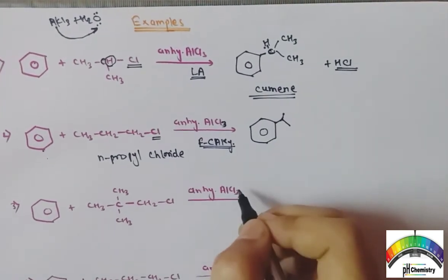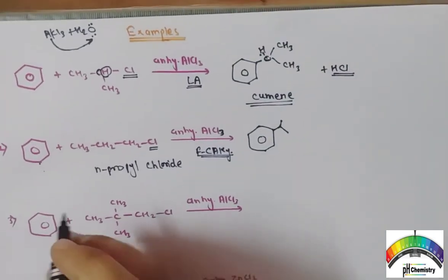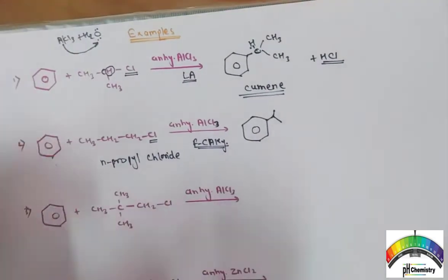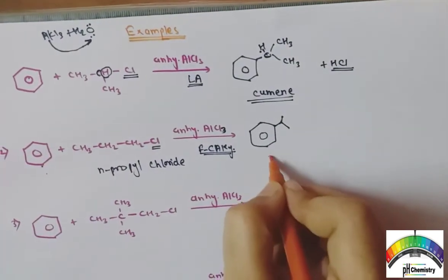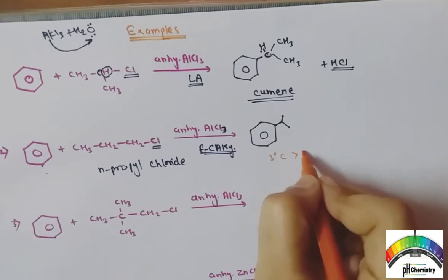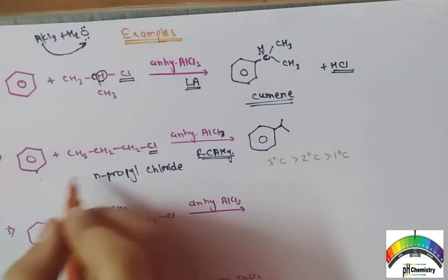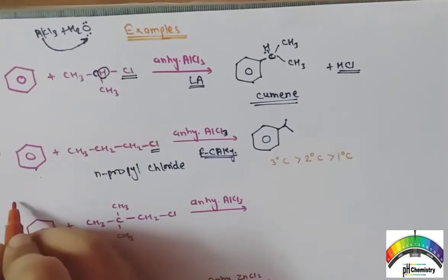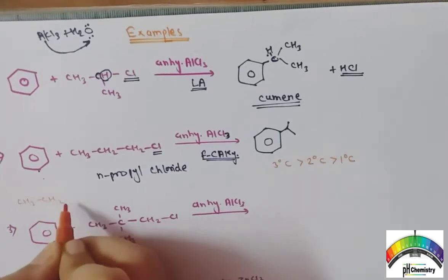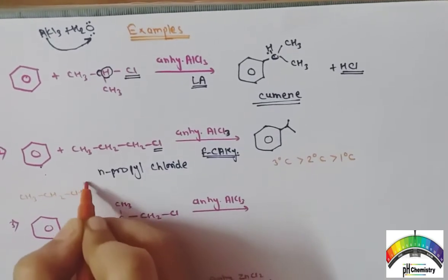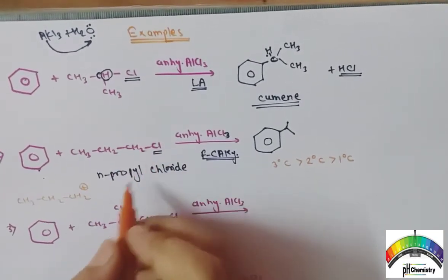So why does it happen? This happens because, as we know, tertiary carbocation is more stable than secondary carbocation, which is more stable than primary carbocation. If you remember the mechanism of this reaction, carbocation is formed in the N-propyl chloride.